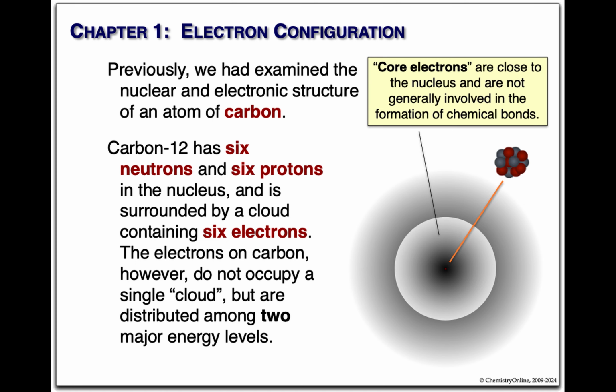These are in the middle, around the nucleus, and we don't really care about them. They're just there. What we care about are the higher energy electrons. The highest energy electrons are in the outer energy level, and we're going to refer to those as valence electrons. Those matter because that's what we use to make bonds. We'll talk about bonding in chapter 3.